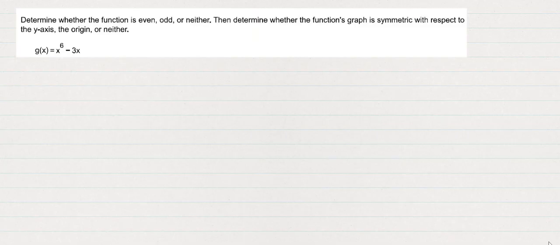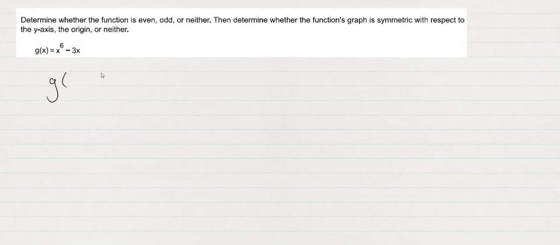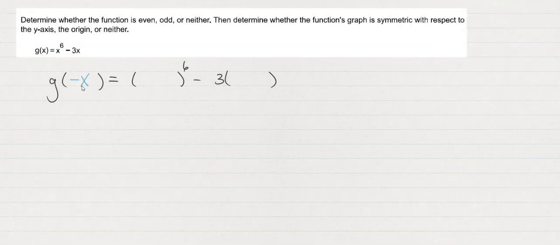Let's look at just one more example. Again, what we're going to do is replace the x with the opposite of x. And every time I do that, I'm going to simply start by having these empty parentheses. So x to the 6th, we're replacing x with the opposite of x, minus 3 times x, replace the x with the opposite of x.